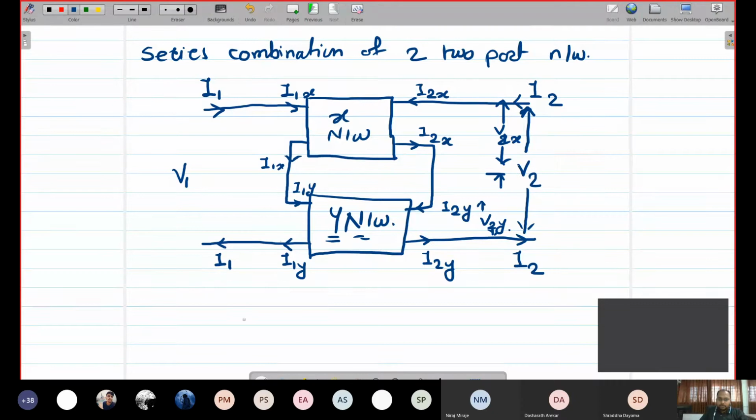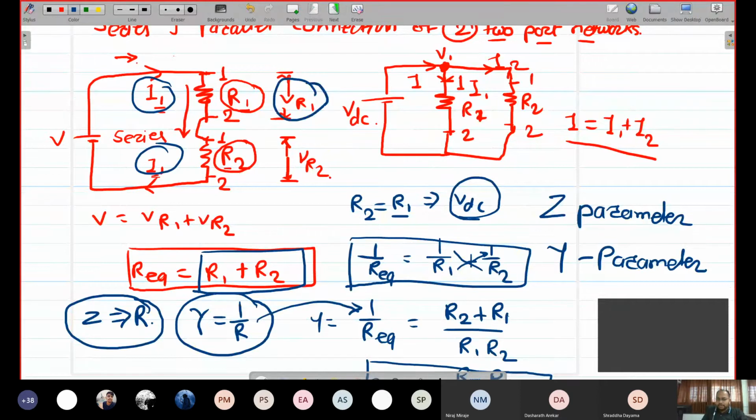Remember that. Again, go to the previous slide. Voltage is going to get divided, right? So this V is going to get divided as VR1 and VR2. Hope the things are clear.